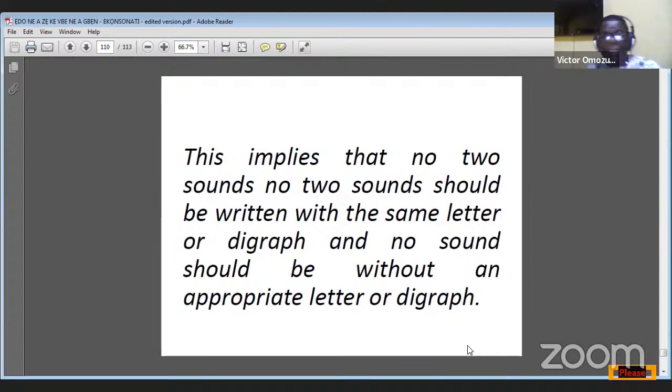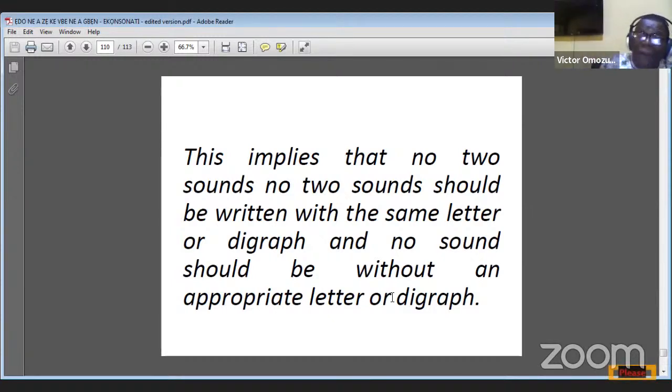This implies that no two sounds should be written with the same letter. The way we have been writing Sarah with a single R is wrong.